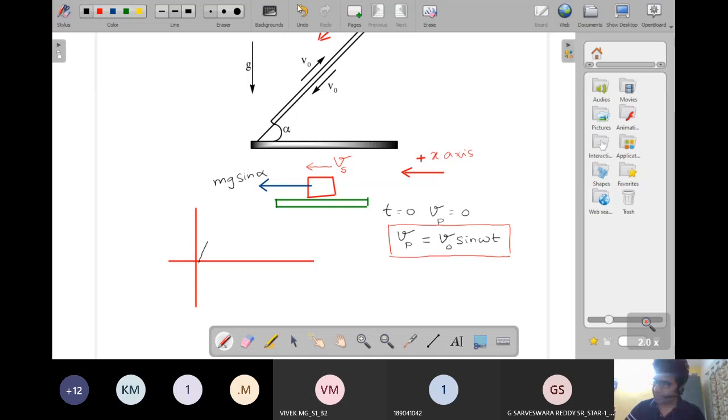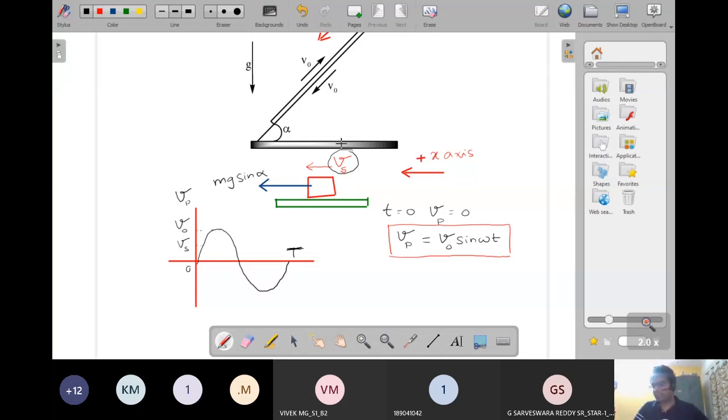The sine function, something like this, where capital T is the time period of the oscillations of the plank. I'm assuming the velocity of the plank moves from 0 to a peak value of V naught. Now, between this 0 and V naught, I'll have a V steady also. This V steady is the velocity of the block.